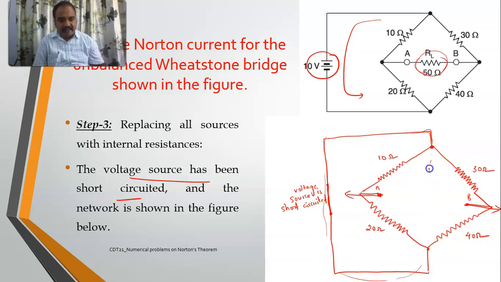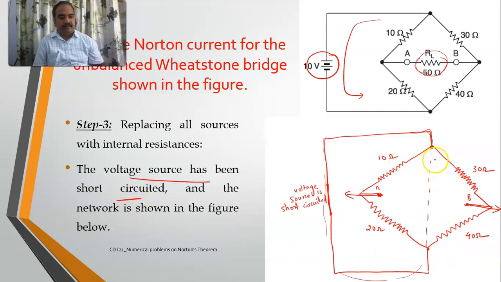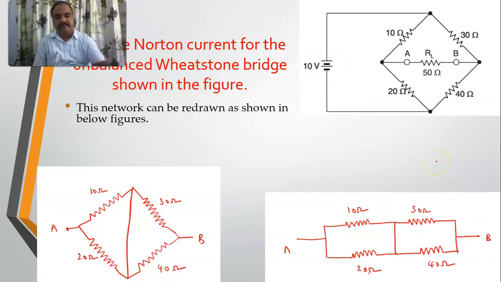I can draw it in between also directly. The same I am doing. I am just taking these A and B terminals outside and I am shorting these terminals which were earlier outside. This line whichever is present here, I am drawing it inside.